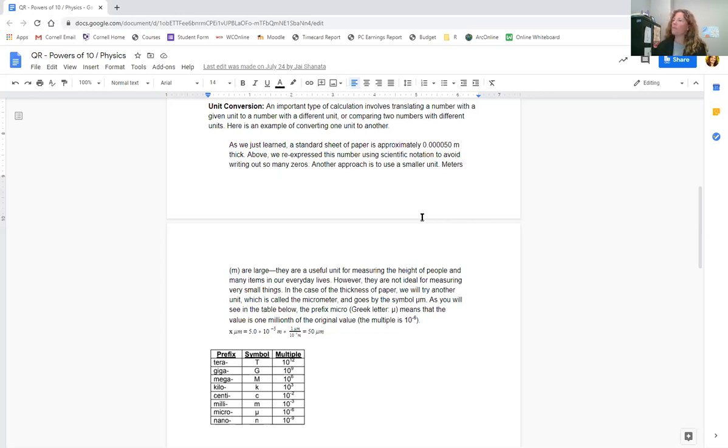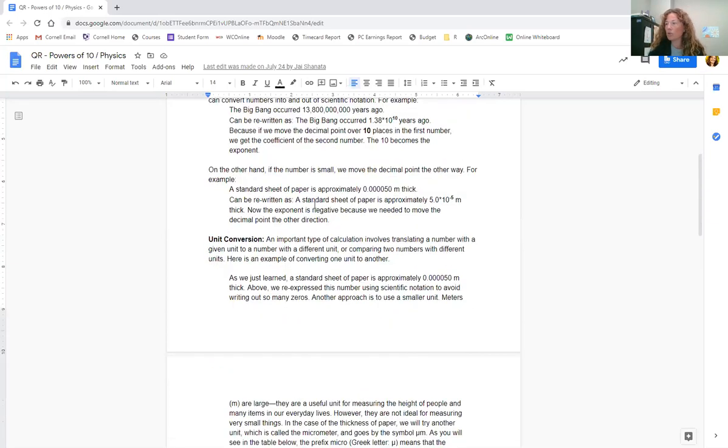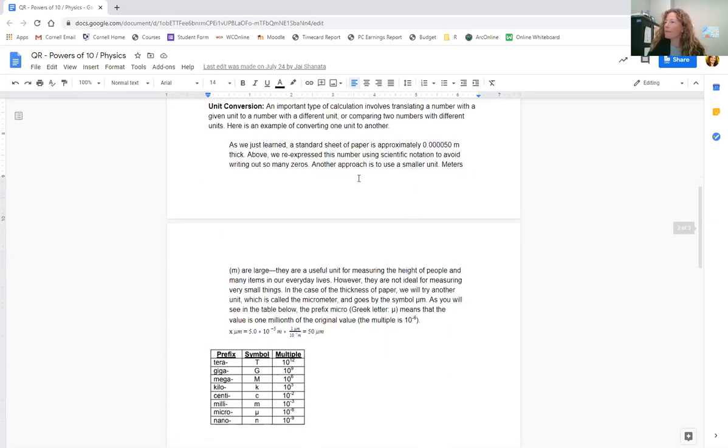So the example here, we talked about a standard sheet of paper, which is the scientific notation example that we didn't do that you can look at on your own. And one point that we're making here is that this is a really small number, 0.00005 meters thick.